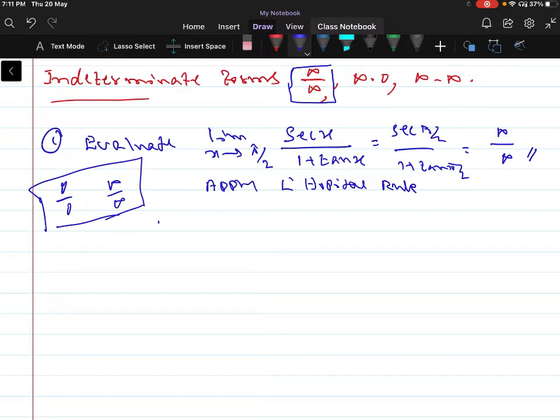Now we have limit as x tends to pi by 2 of sec x by 1 plus tan x.